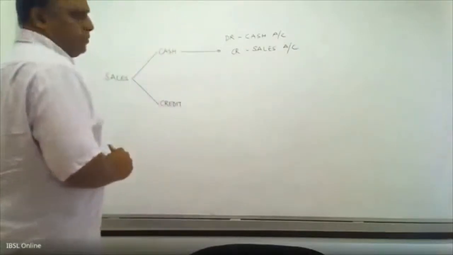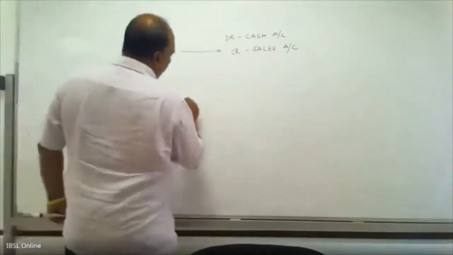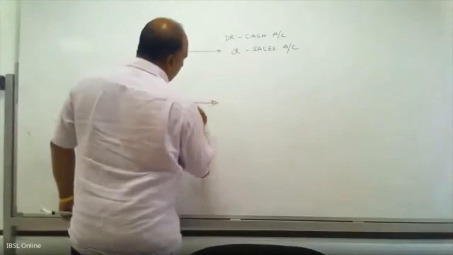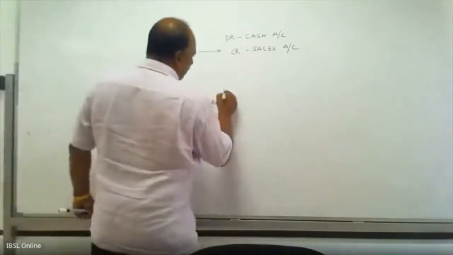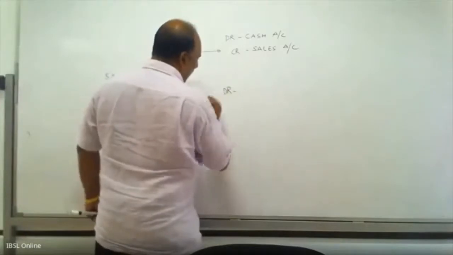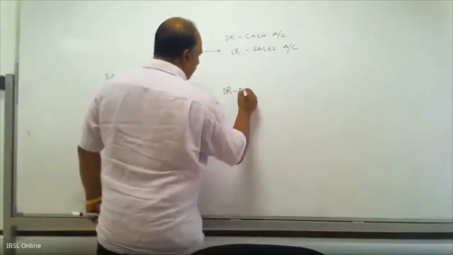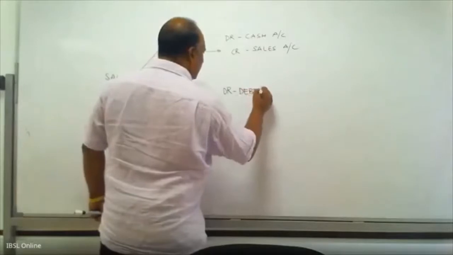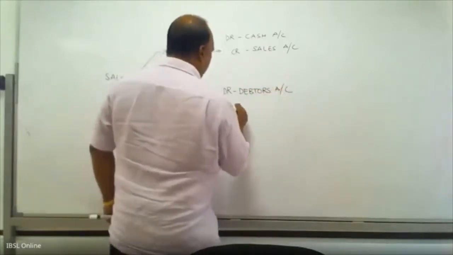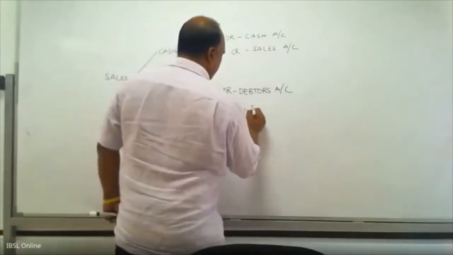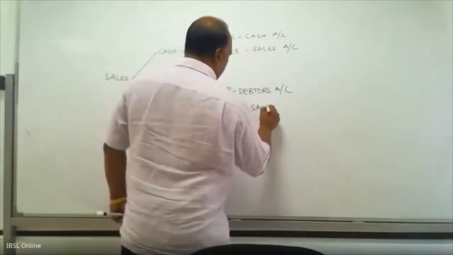Very straightforward. But when you do business or sales on a credit basis, again you will debit debtors and credit sales.